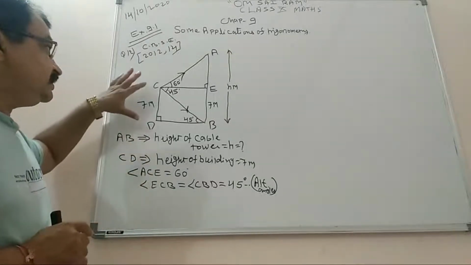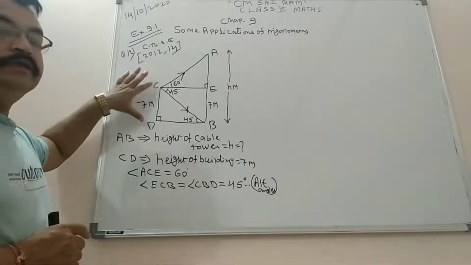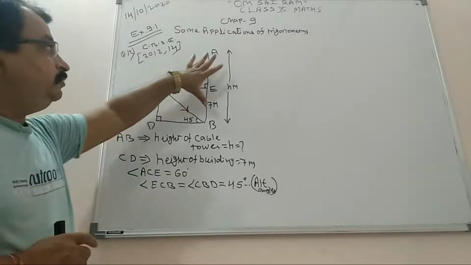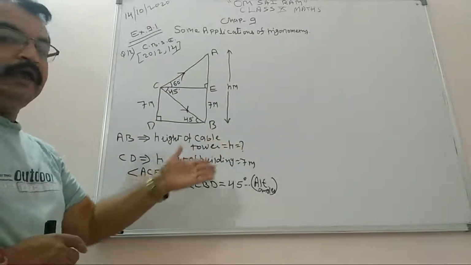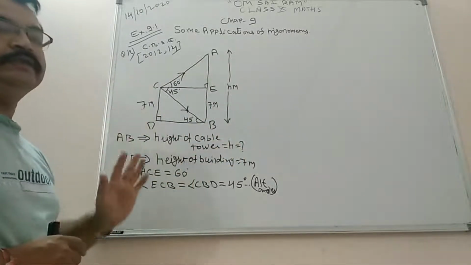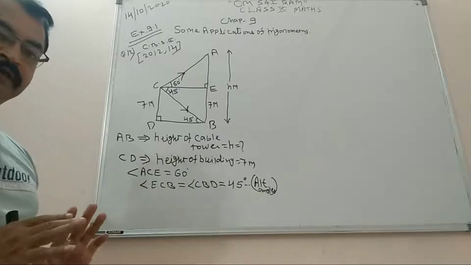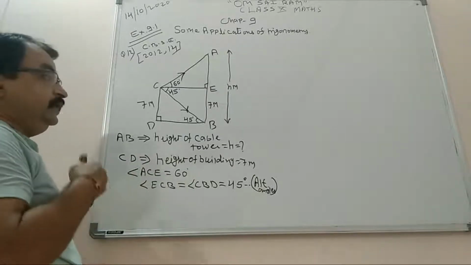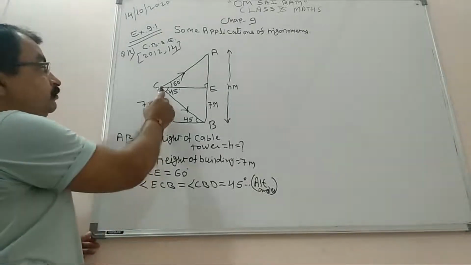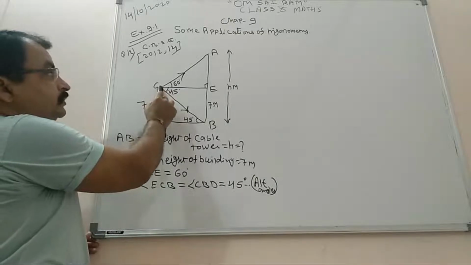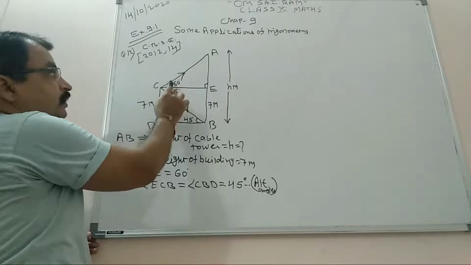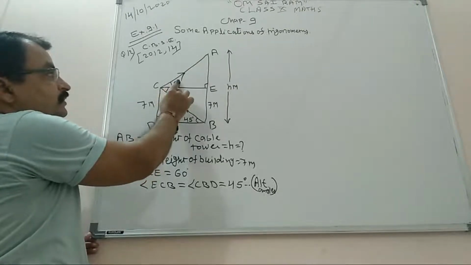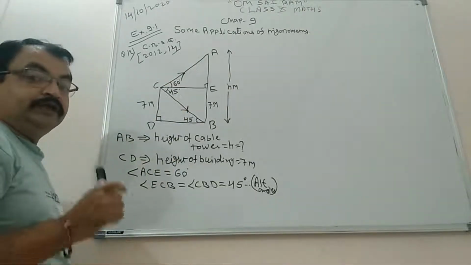Here also two objects are there, children. CD is the building and AB is the height of the cable tower, which we have to find, and the height of the building, 7 meters, is given, right? Now the next part is that from the top of the building, when the observer observes the top of the cable tower, he elevates at 60 degrees, the angle of elevation.